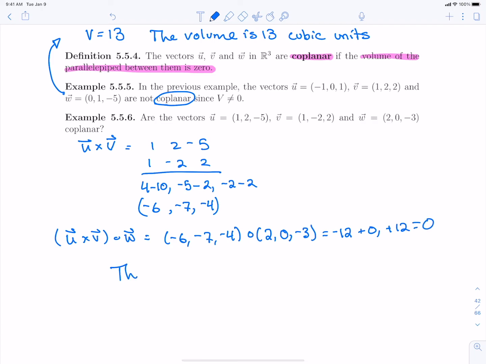And we would say that thus U, V, and W are coplanar. Or in other words, these three vectors don't form anything that has volume, and so they must all lie within the same plane.